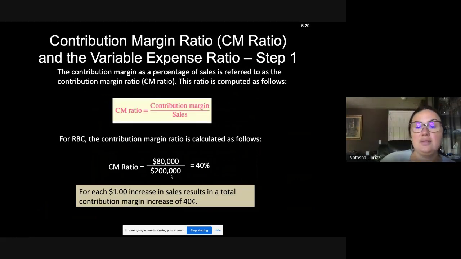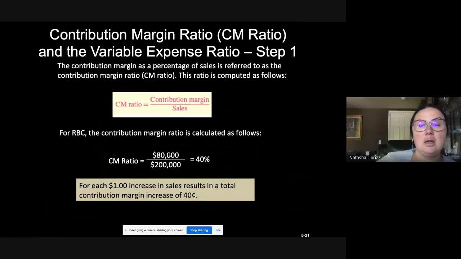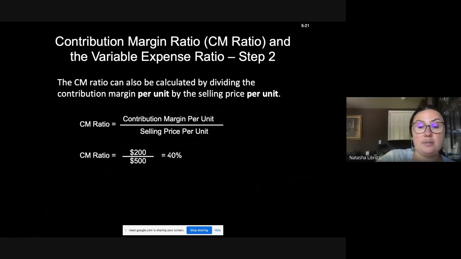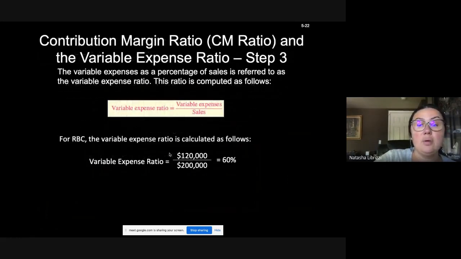So this gives us a different sense of how we're looking at our calculation. What does that mean for a problem? Well, for a problem, $200 contribution margin divided by selling price is 40%, which means when we increase our sales, for each dollar, again, it's 40 cents.